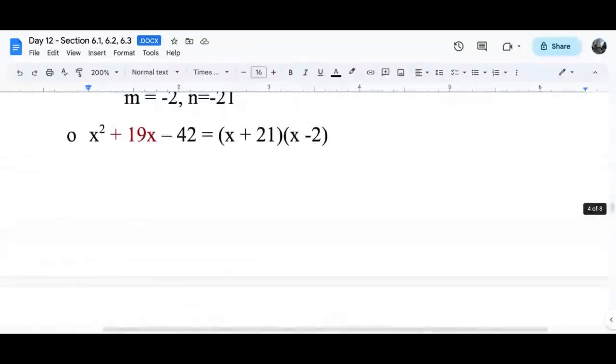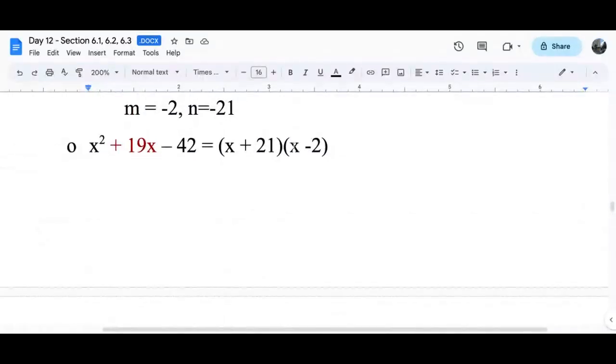All right, so we factor it as x plus 21 times x minus 2. Right? 21 plus negative 2 is positive 19, and 21 multiplied by negative 2 is negative 42. Any questions?